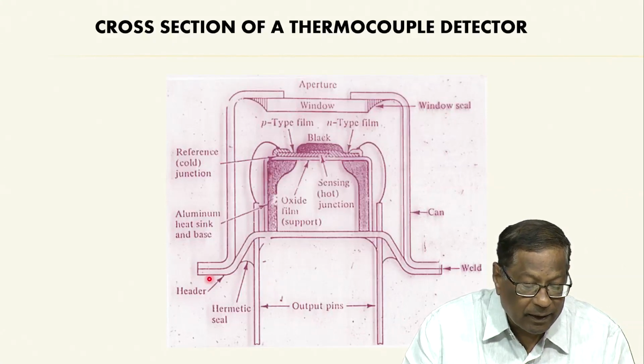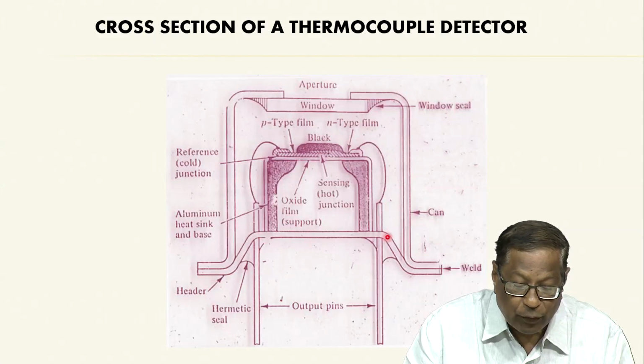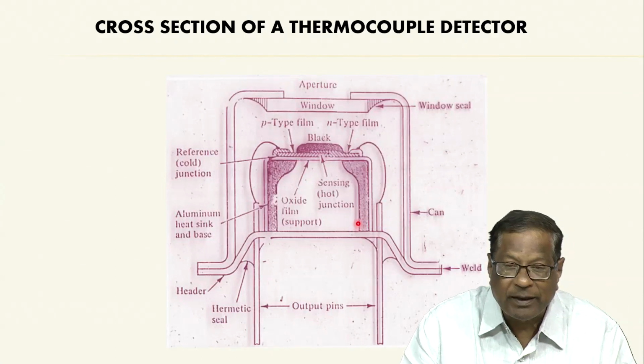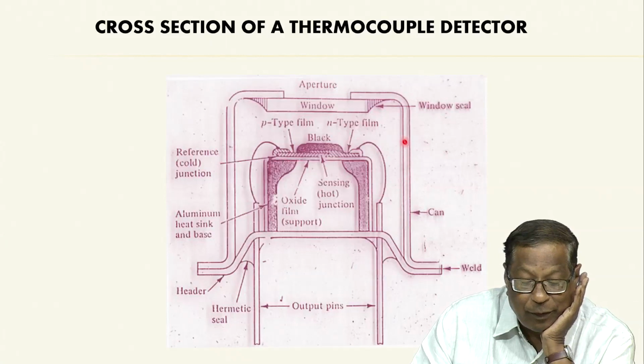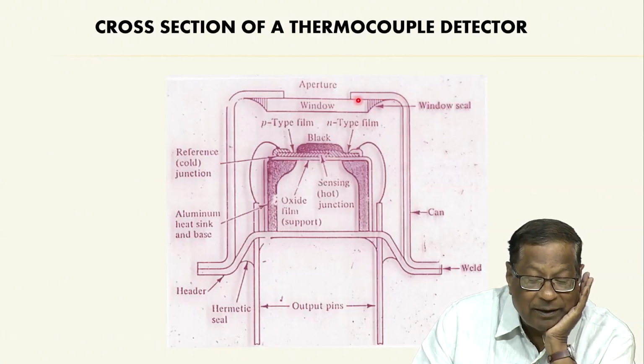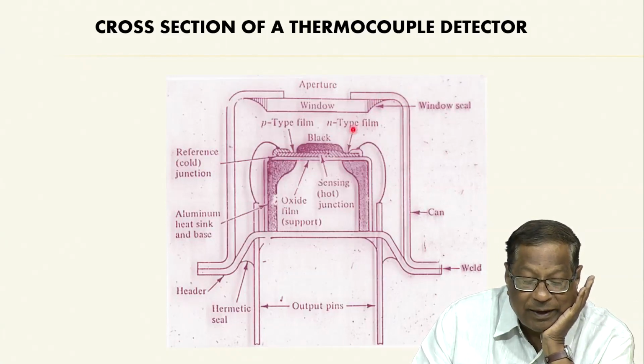And then there is a header to fix the detector, and they are welded, and one more support you need, which gives a small gap in between, and I put a small window here.